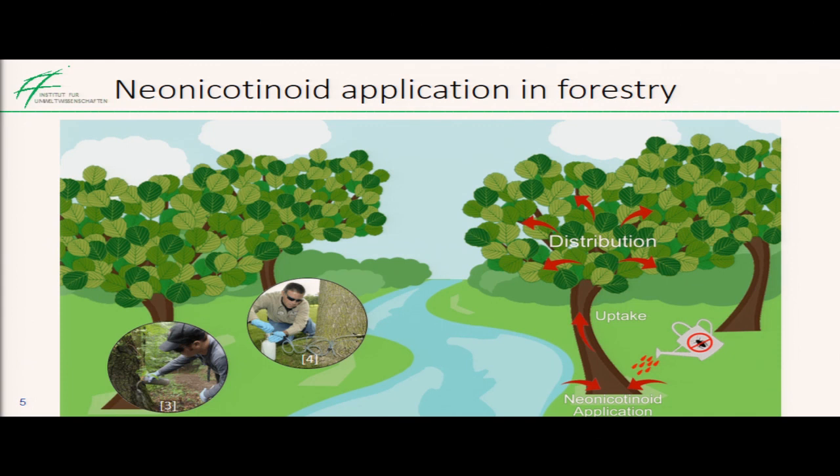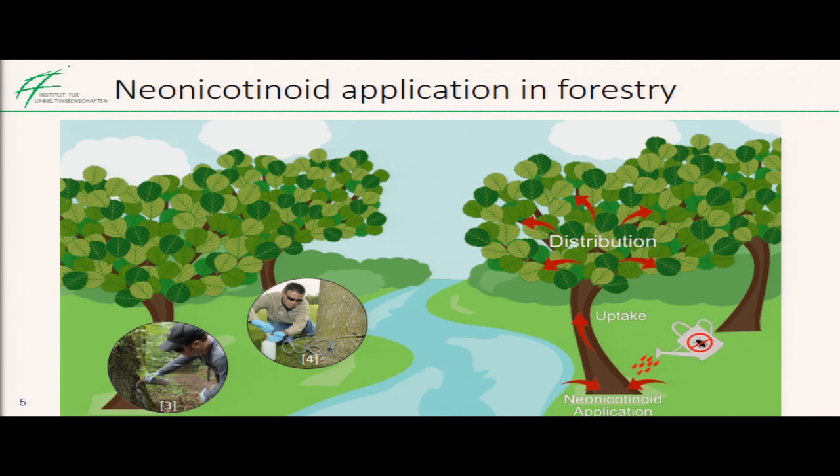The idea of the whole project, which Dominic, the main author of this presentation, is looking into, is if we have trees that are treated in forestry with neonicotinoids to protect them from insect pest species, they can either be directly injected into the tree, trunk injection, or they can simply be sprayed on the ground and taken up with the water in the tree and distributed there in the foliage, right?